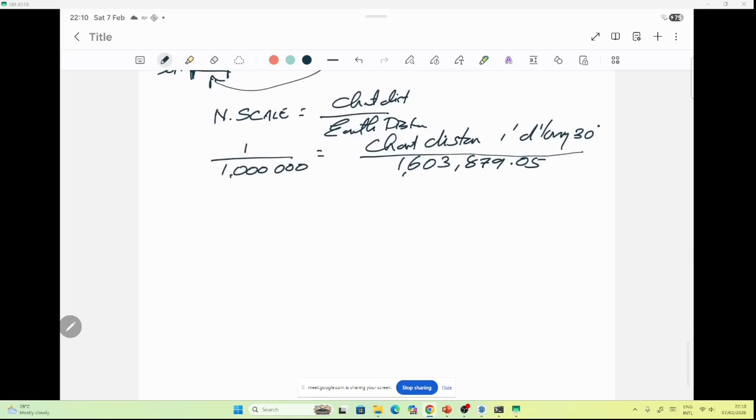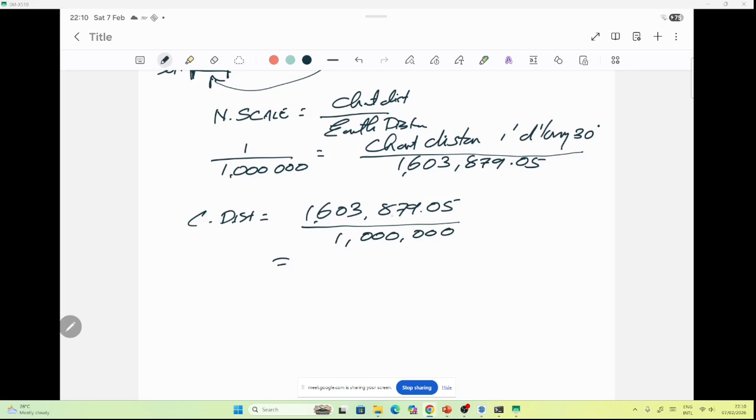So I would simply write chart distance is equal to 1603.879 decimal 05, divided by 1 million. And that is going to be how much, guys?